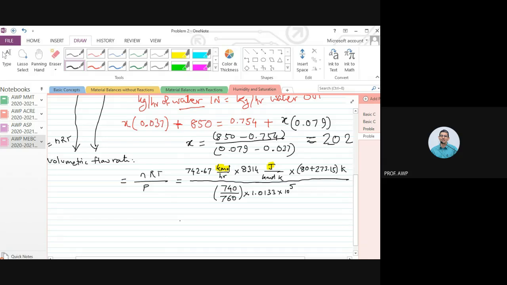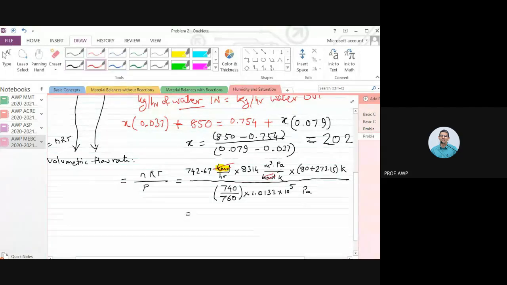That will convert into pascals. Right? And then joules we can write as meter cube into Pascal. So now kilomoles will cancel out, Pascal will cancel out, Kelvin will cancel out. And we will get the answer in meter cube per hour. So somebody calculate this number.